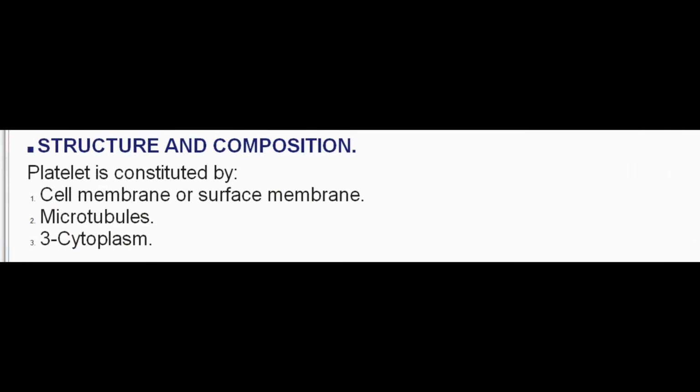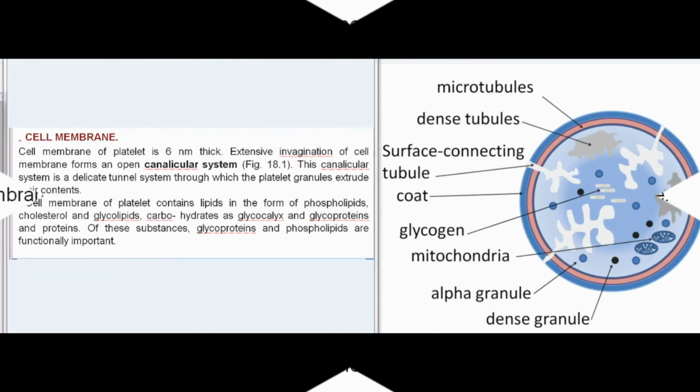Structure and composition. Platelet is constituted by cell membrane or surface membrane, microtubules, and cytoplasm. Cell membrane. The cell membrane of platelet is 6 nanometers thick. Extensive invagination of the cell membrane forms an open canalicular system, Figure 18.1.